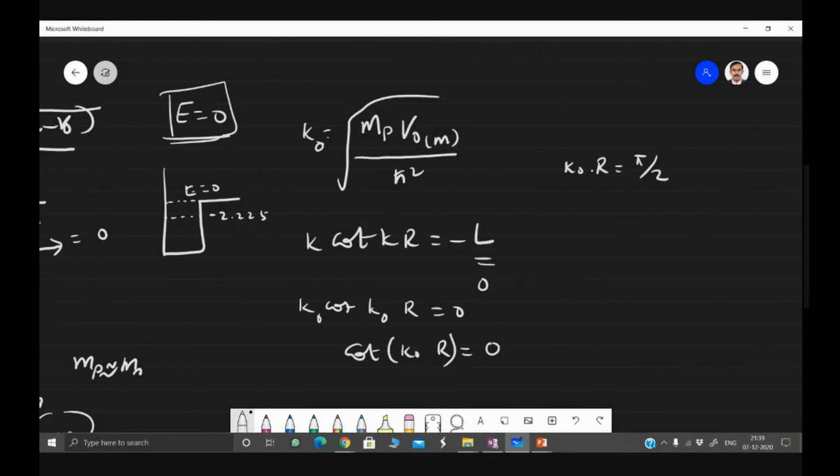So we can substitute the value of R. K naught R is equal to pi by 2. So K naught is given by the square root of MP V naught M by ħ square, into R is equal to pi by 2. So we want to estimate the value for V naught corresponding to measured radius R is equal to 2.1 Fermi.